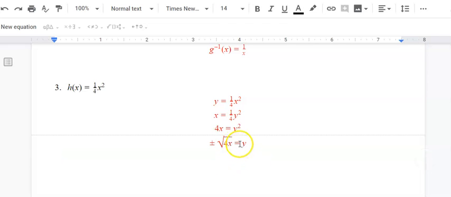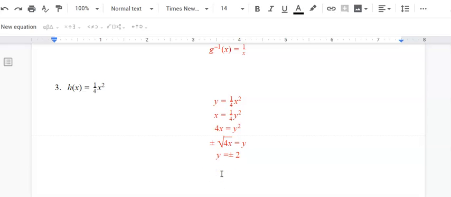Now the square root of 4 is 2, so we should probably clean that up just a bit. And I'm going to put the y on the left side. So I'll say y equals plus or minus 2, and we're going to take out that square root of 4, square roots of x. So this is your inverse.